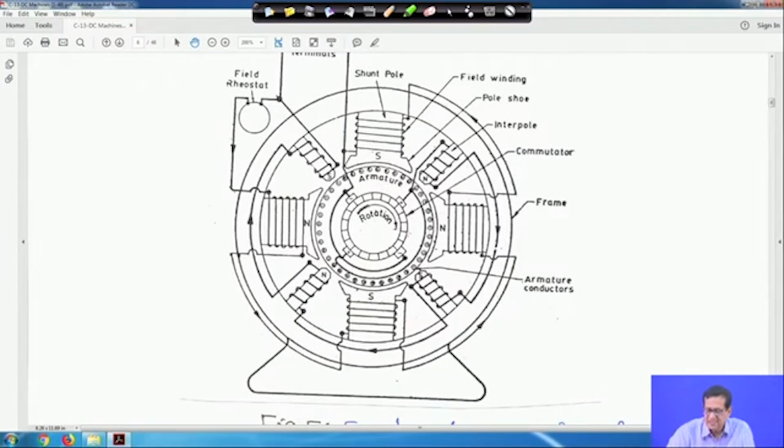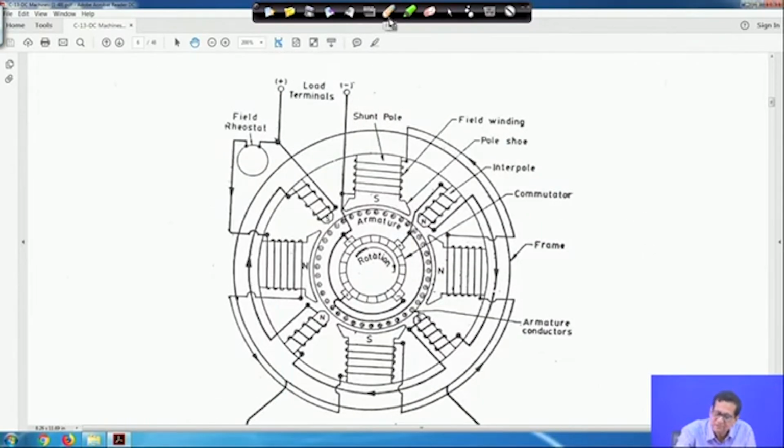This is a conductor. If it is a plus, that means current is entering into the page, right. If you use current entering into the page, then the thumb will be the direction of the current, and the curling fingers will be the direction of the flux.